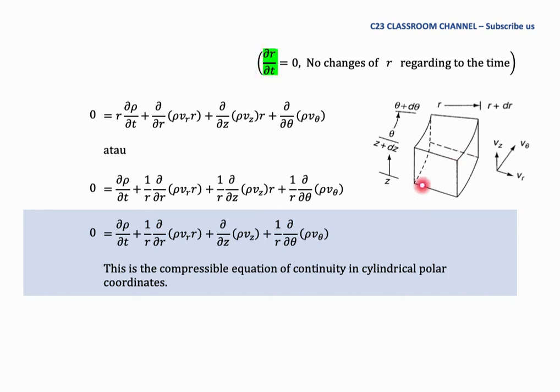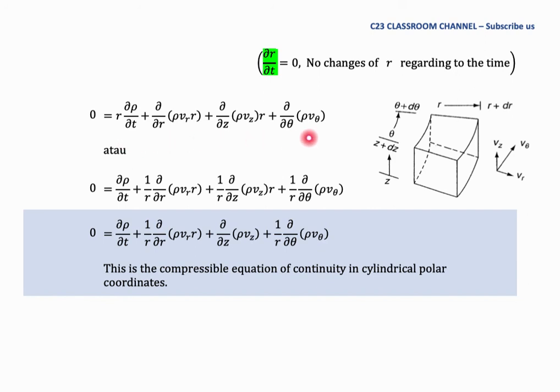So according to this diagram, for sure the radius value here is not increased according to time, so we could say that del r over del t is now equal to 0 because there are no changes of r regarding to the time. Now we could have our continuity equation like this.